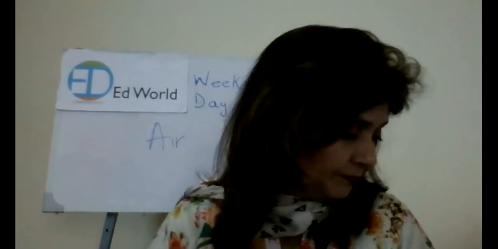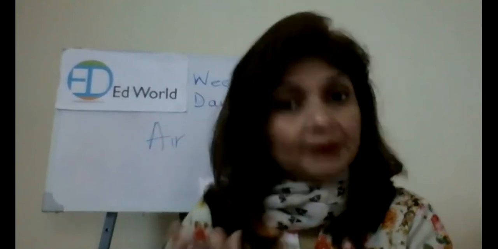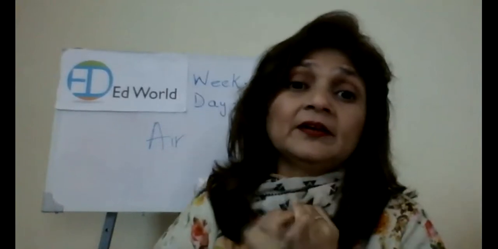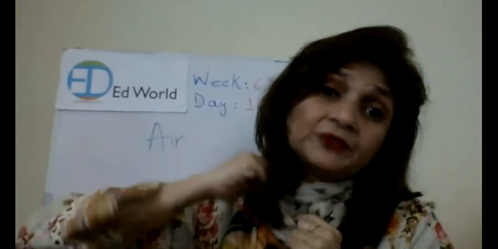Yes or no? So you can feel the air when it is all around us. It could be warm and it could be cold. When the air is warm, at what time of the season is it warm? In summertime the air is warm, right? But in winter it is very cold and freezing. In the winter season, in the snowy season, the air is very cold, it's freezing, right?